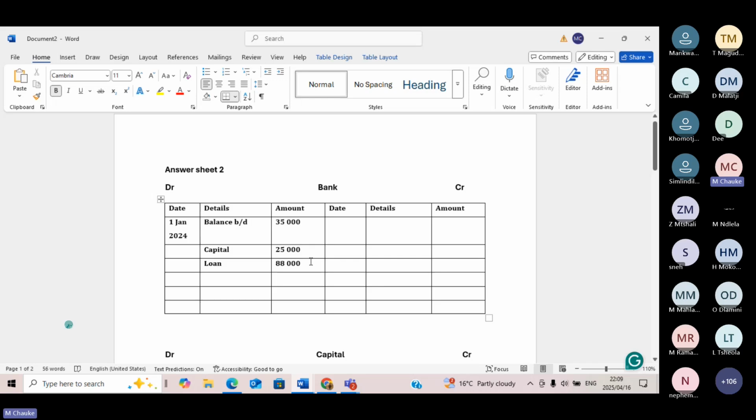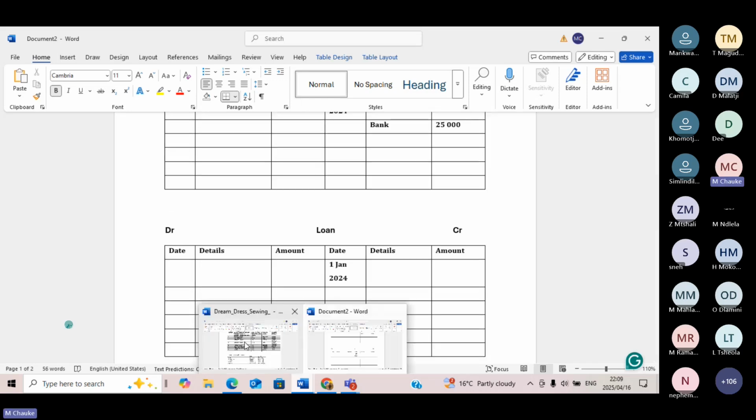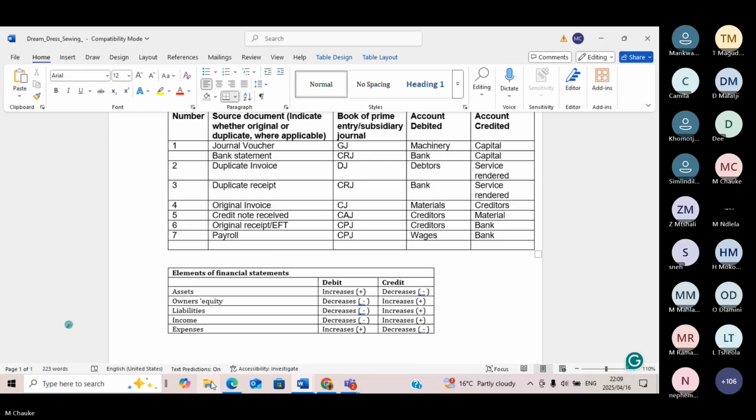And then you go to the loan. So let's check, does loan have an opening balance? Loan does not have an opening balance, right? So fine, we can proceed.